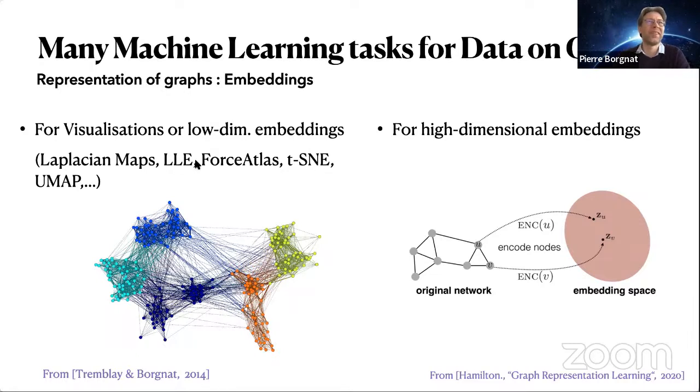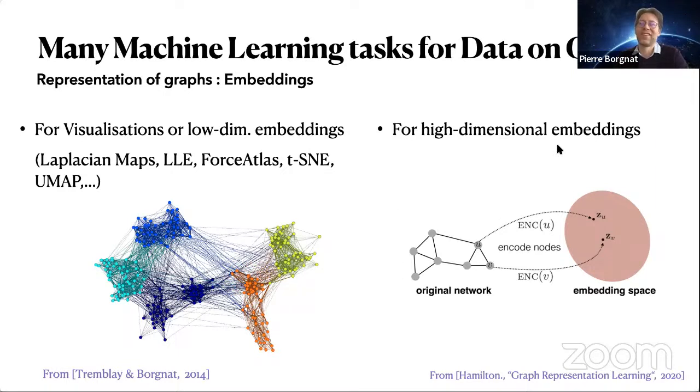For visualization, people have used in the past 25 years many interesting methods, going from Laplacian maps, locally linear embedding, physics-inspired algorithms such as ForceAtlas, or more machine learning techniques such as t-SNE, UMAP. Here, just a shameless advertisement for the work we did with Nicolas Tremblay about community detection using GSP and wavelets on graphs. This is good for visualization or finding globally the structure in clusters.